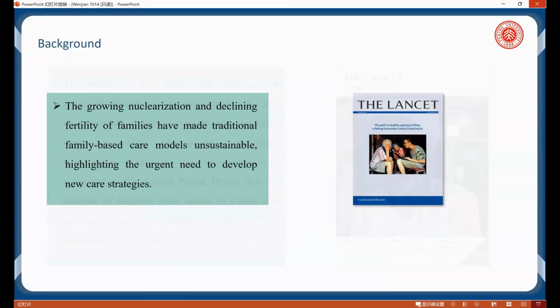The growing nuclearization and declining fertility of families have made traditional family-based care models unsustainable, highlighting the urgent need to develop new care models.